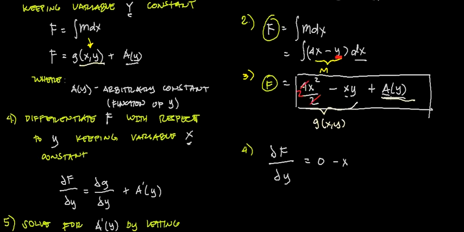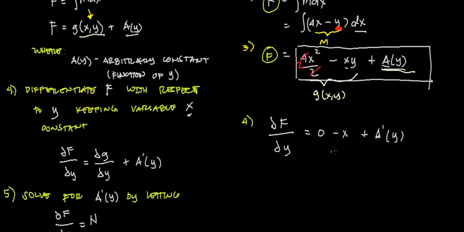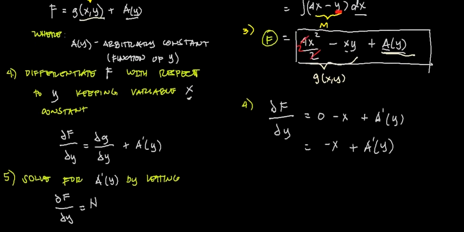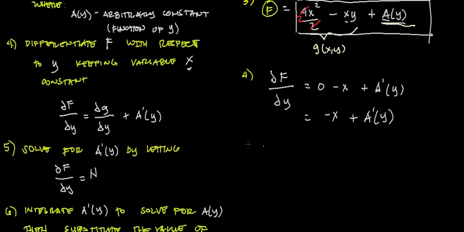Then the derivative of A(y), as a function of y, is A prime of y. So let's use the prime notation for the derivative. Simplifying, we have negative x plus A prime of y. So we are already in this form: the derivative of g with respect to y, and then this part here, the derivative of A(y), is A prime of y.